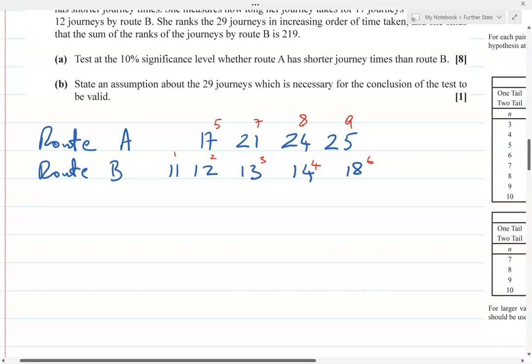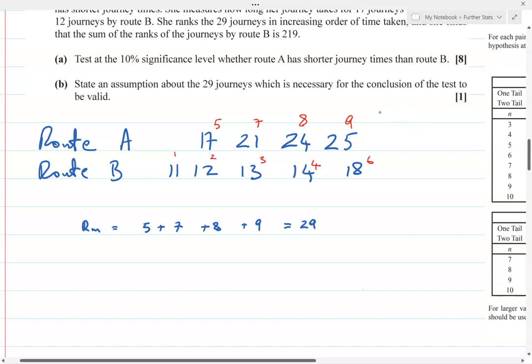Okay, so what we do here is M is obviously the 4 here, and we can add these numbers together to work out our value for RM. So we've got 5 plus 7 plus 8 plus 9. That comes to 29.